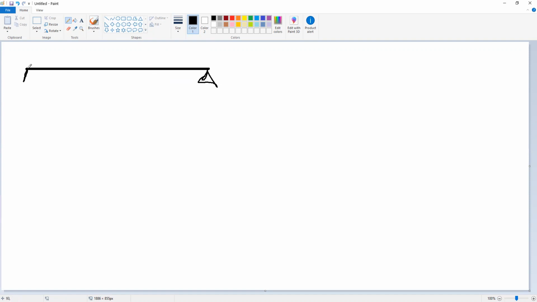Sorry, my handwriting will not be very good because I'm using the mouse only. So if we have a simple beam, one support is roller and one support is hinge, and this is the span L. I will assume this span is, let's say, 5 meters.